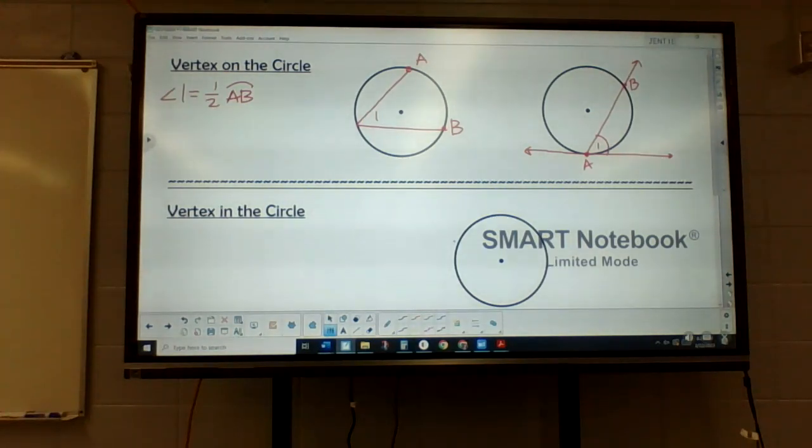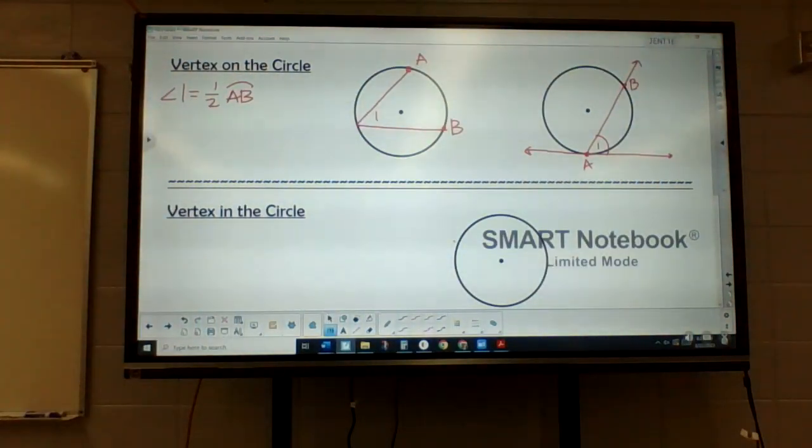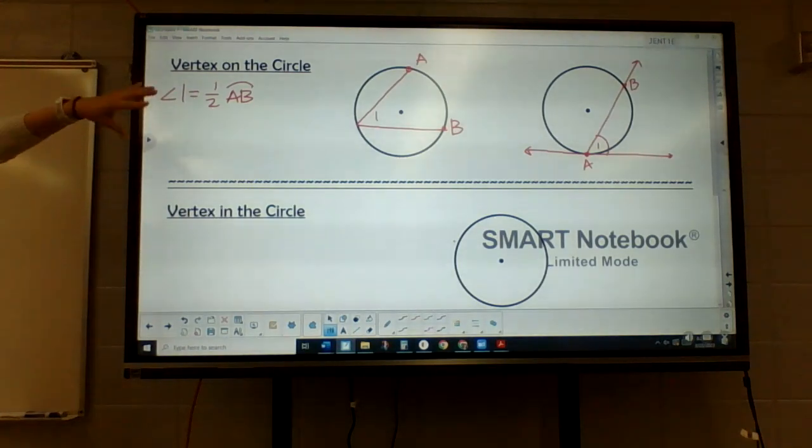And that rule still applies. So if the vertex is on the circle, this is the rule we're going to use. And again, we already did this one, that it's half of the arc that it goes with.